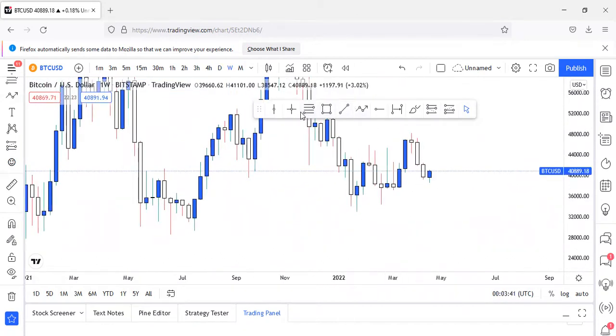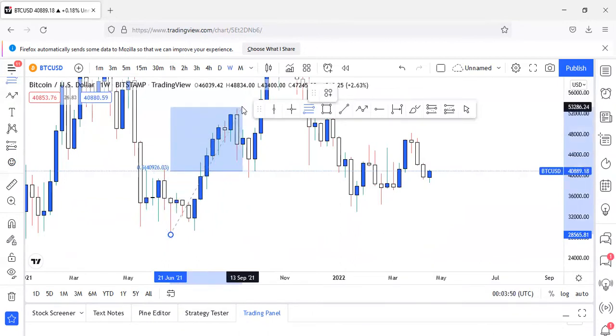So when you look at your weekly time frame, you will realize that when you drag your Fib up, if you have not watched the video on how to drag your Fibonacci and use it to mark up your premium level and discount price array, kindly go back to some of my past videos and watch it.